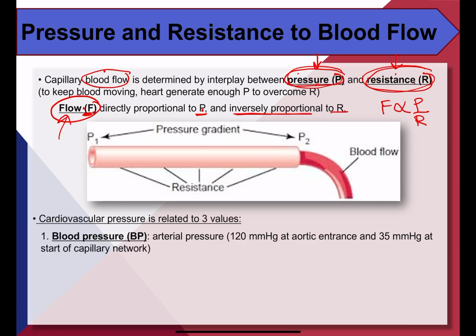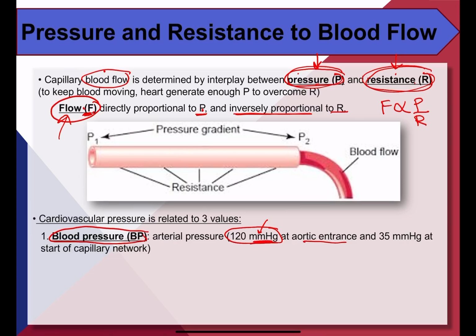So the cardiovascular pressure is divided into 3 values. You have blood pressure, which starts at 120 mmHg at the aortic entrance, and usually blood pressure is measured in units of millimeters of mercury.